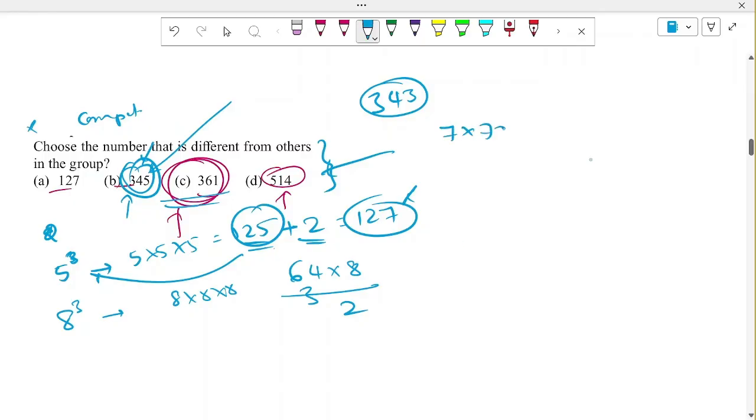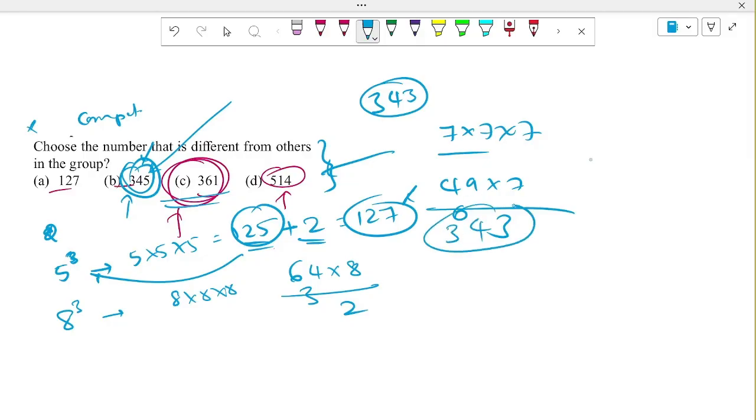Okay, 7 into 7 into 7. We'll see. 49 into 7. Yes. We have got 343 plus 2 is equal to 345.